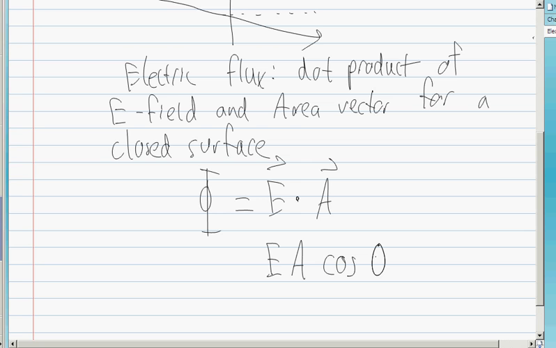cosine theta. And theta, remember, is the angle between, if this is our A vector coming out of a side of a surface, and this is our E vector, our electric field vector, that's going to be theta.